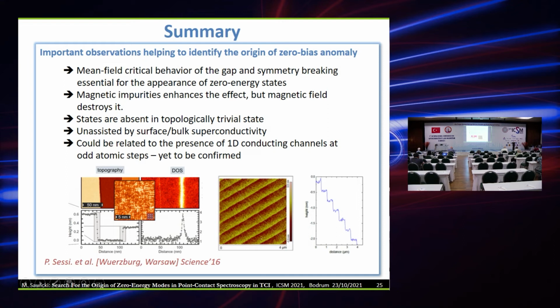This is still very interesting and still awaits full theoretical explanation. They could be related to one-dimensional conducting channels along the steps, but at least up to now we are not able to confirm this. Thank you for your attention.